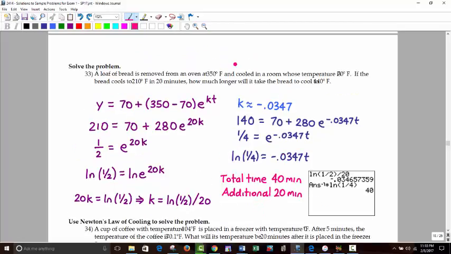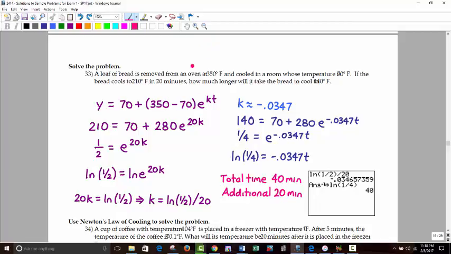The model sets up as whatever the ambient temperature, in this case the room temperature, goes here, and the constant C works out being the object temperature when you remove it minus that room temperature. So that's always the case for this. So it's 70 plus (350 minus 70) e to the kt.